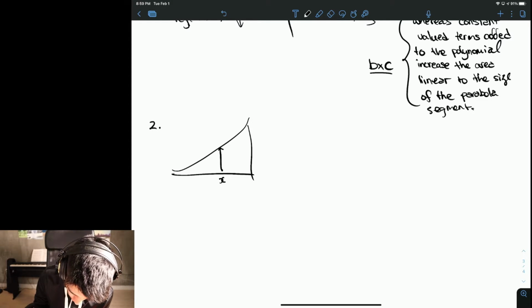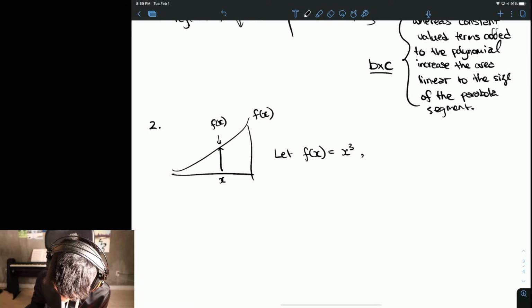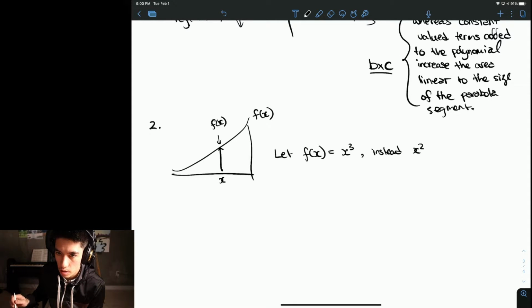We know that this height is equal to f of x, where f of x is the curve of the parabola, and it's saying let f of x equal x cubed instead of x squared.